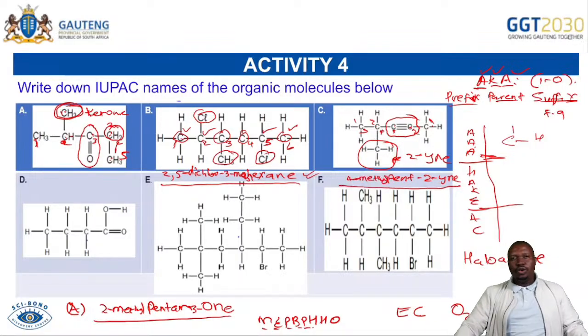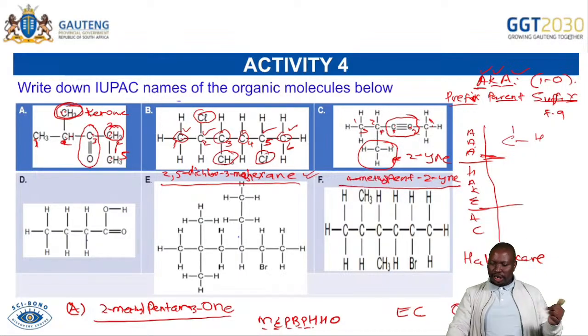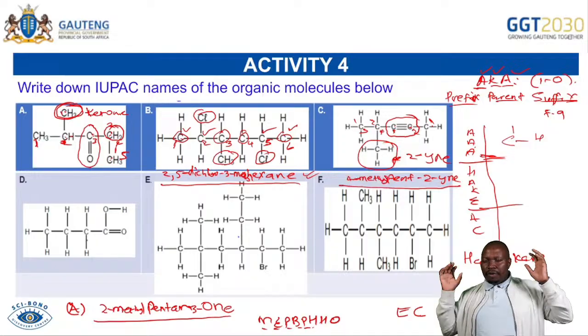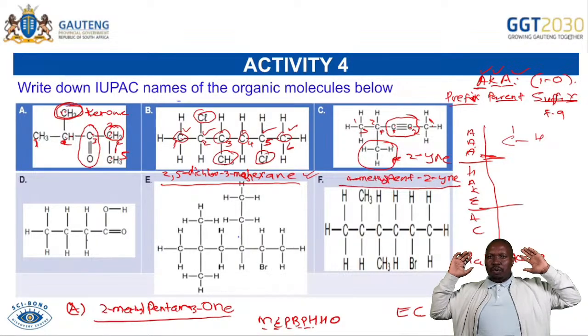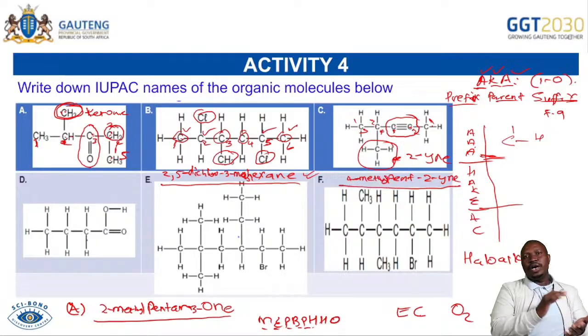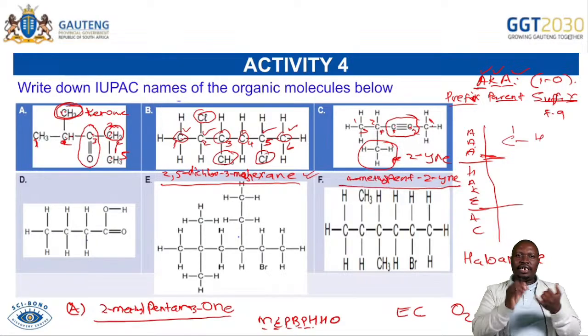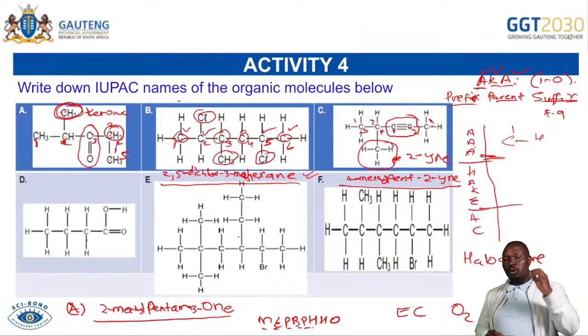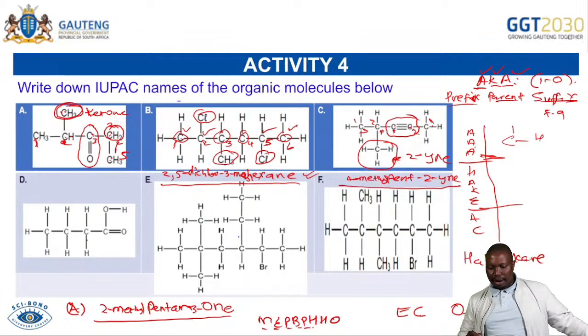And then you got your name like that. Don't forget, in terms of preference, we prefer first the functional group. Number 2, the substituent, if they are there. We said it's methyl, it's ethyl, it's bromo, it's chloro. And you must always indicate their position, unless they don't have a positional isomer.